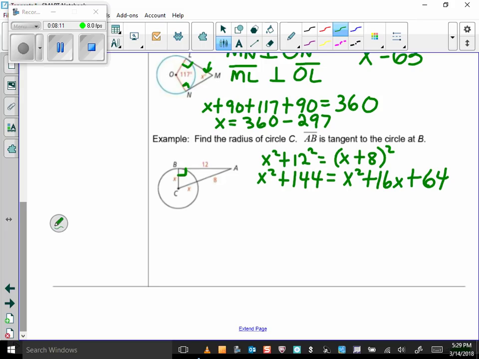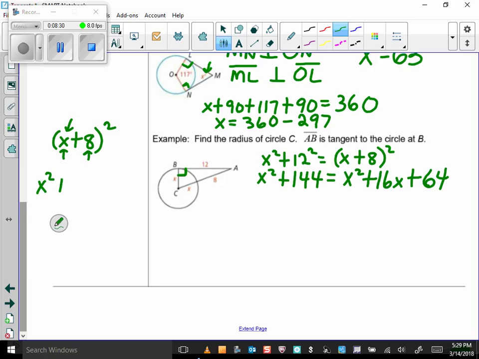I think I've showed you guys this trick before, where if I'm squaring a binomial, I've got two terms here, 1, 2, then I square the first one. So I square x, I take the two terms, I multiply them together.